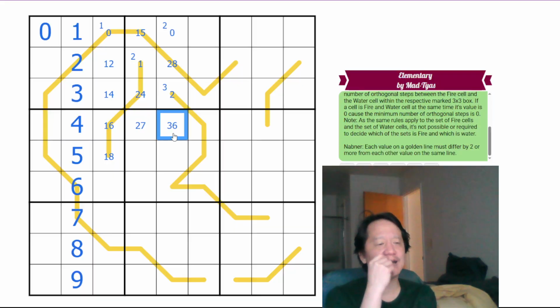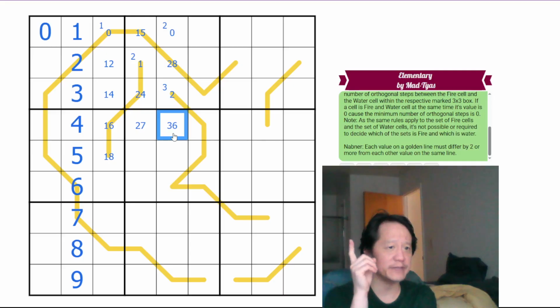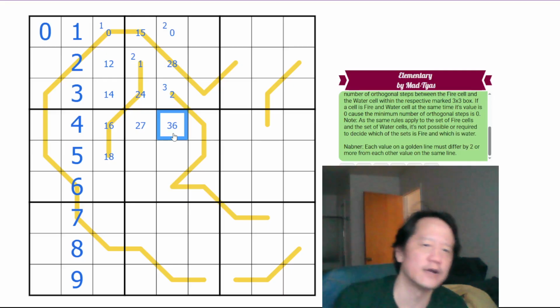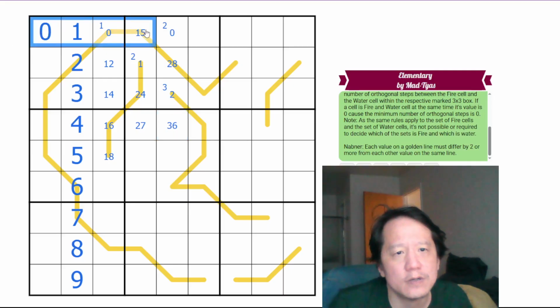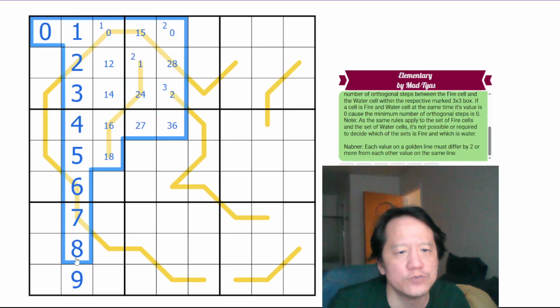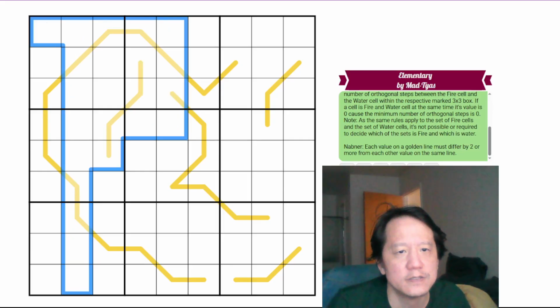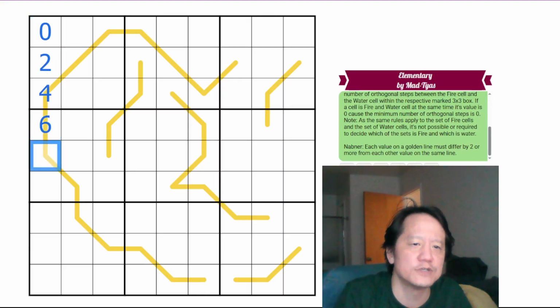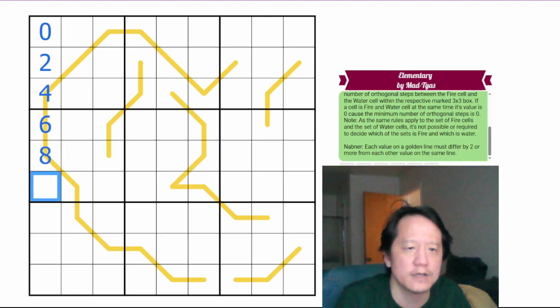So I think it has to be 0, 2, 4, 6, 8, and then 10. Because 1, 3, 5, 7, 9 eliminates the value of 10, possibly, and then we don't have enough values. So I think the values right now for the 15 line have to be 0, 2, 4, 6, and 8. We have 10.